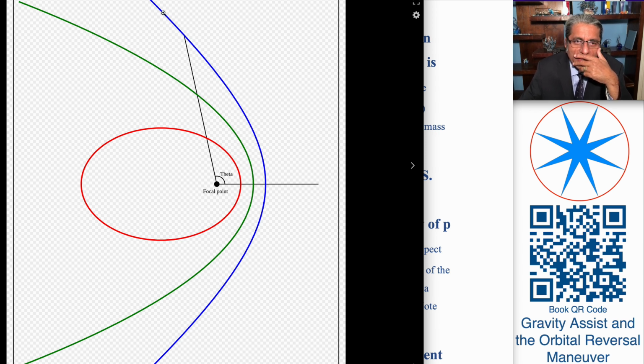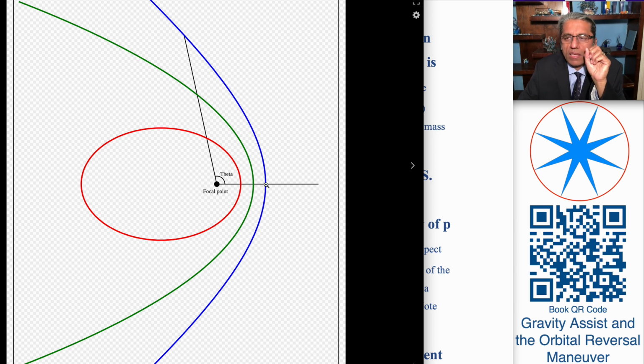So over here, the direction was like this. Now over here, the direction is like this. So you don't have to solve those differential equations because you've already been told that it is a parabola, and it's a parabola that is symmetric around the center of the parabola, which is about here. So it is symmetric around that point. And using that will enable you to understand gravity assist without doing any calculus.